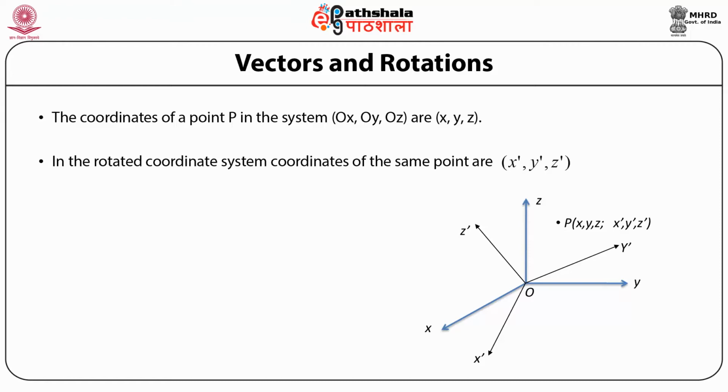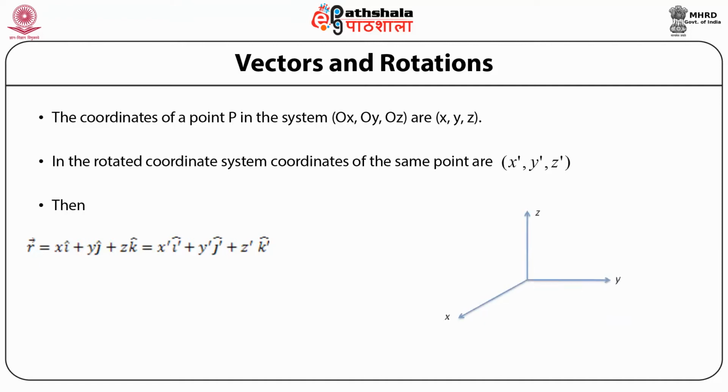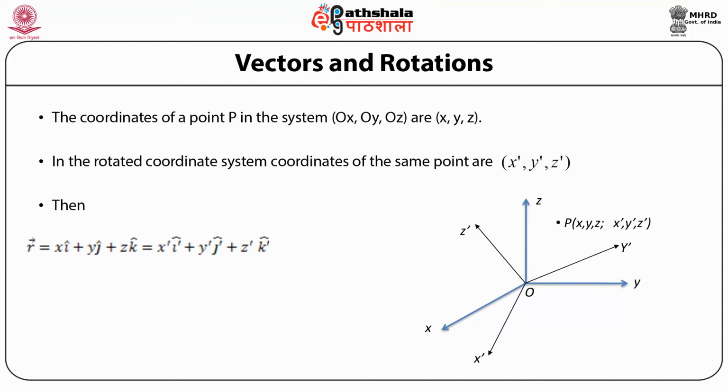Let the coordinates of a point P whose position vector is r be x, y, z and x', y', z' in the two systems. Then r vector is equal to x i cap plus y j cap plus z k cap, which is equal to x' i' cap plus y' j' cap plus z' k' cap.